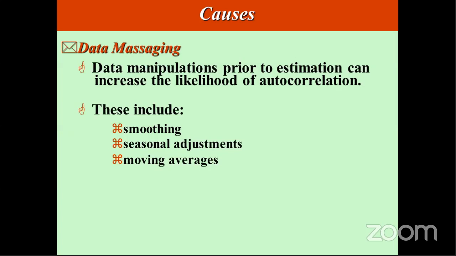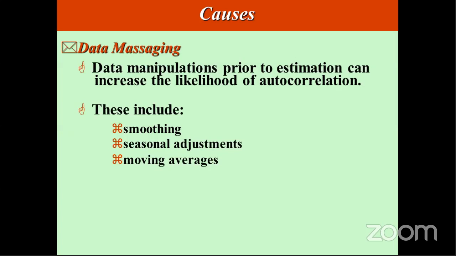So if variation reduces, or if you smoothen your variables, the relationship, correlation, or association increases. Hence, because of this data manipulation, either through seasonal adjustment or through moving average, we have the problem of autocorrelation. Moving average is also a smoothing technique.